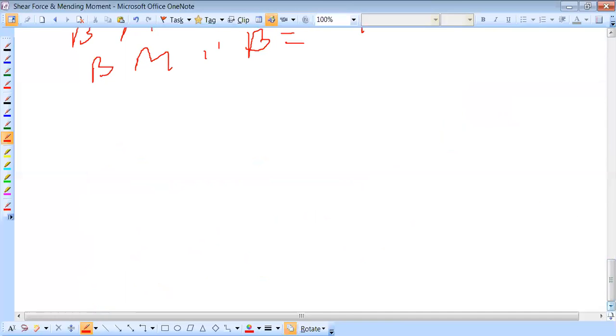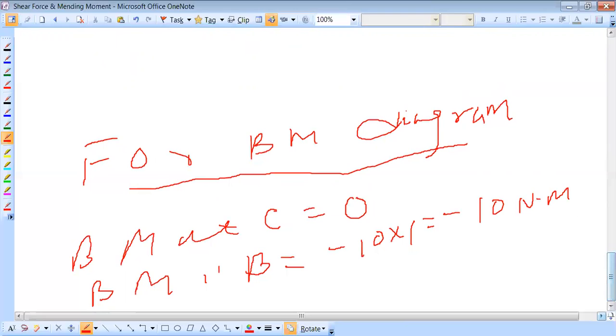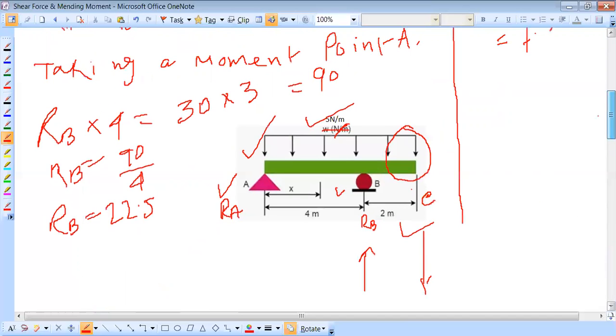Similar way, when you take the moment at point B, and here you can see that because of finding the moment, this point is also 0.